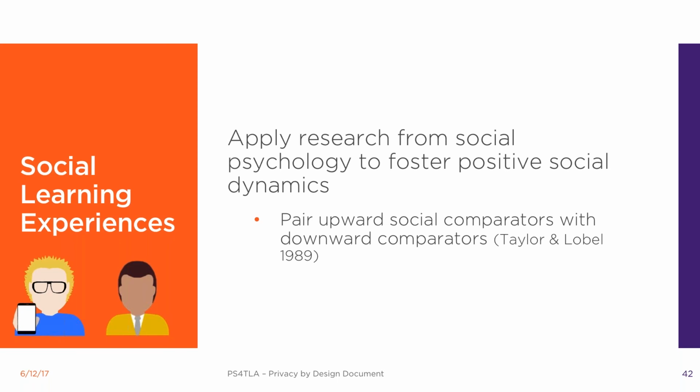That's downward social comparison. So if a system can find out whether someone is an upward or downward social comparator, it can pair people together where one is an upward and one is a downward social comparator, and one is a little bit ahead. That creates a better social dynamic, so to say. So that's another adaptive way of supporting social learning.